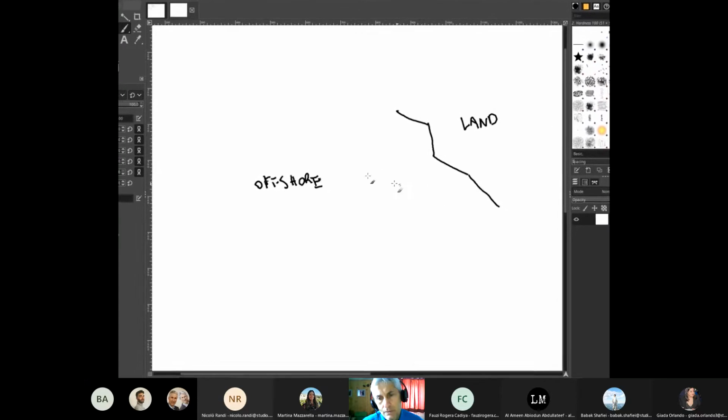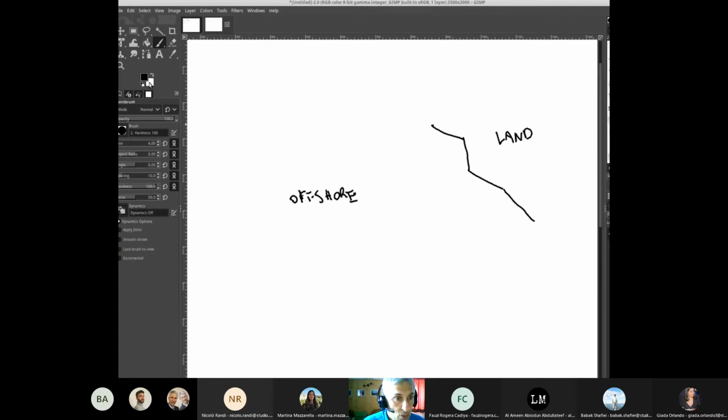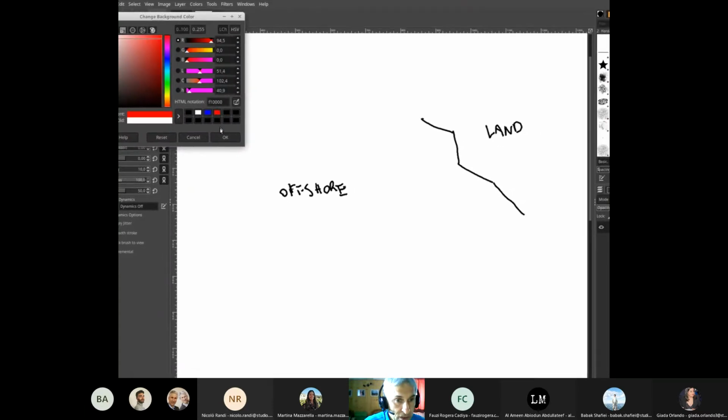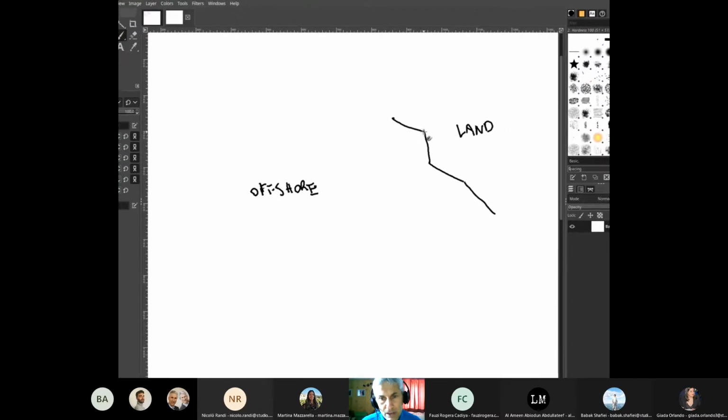This is a beach that looks like a sequence of segments. Why? Because when you get the survey from the topographer, the topographer doesn't give you a continuous line.